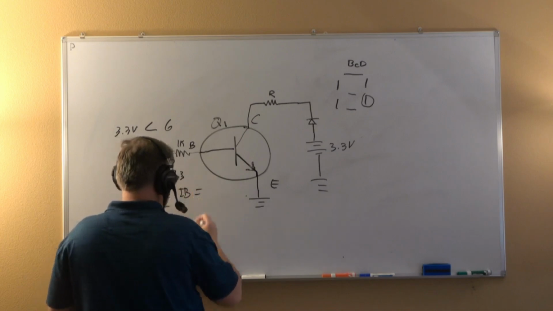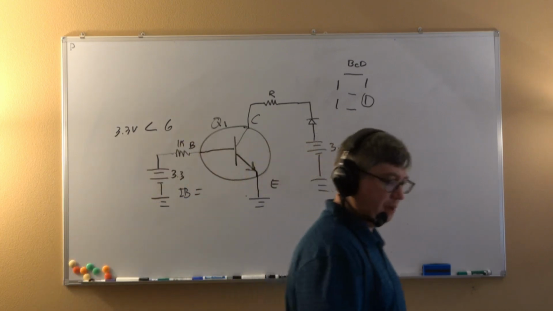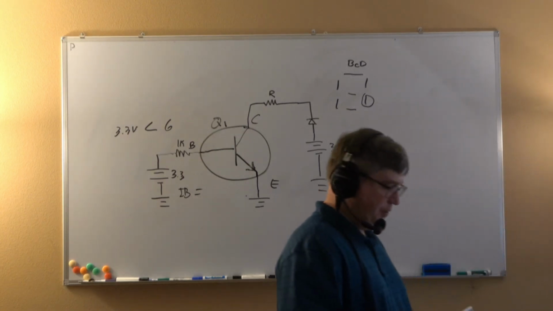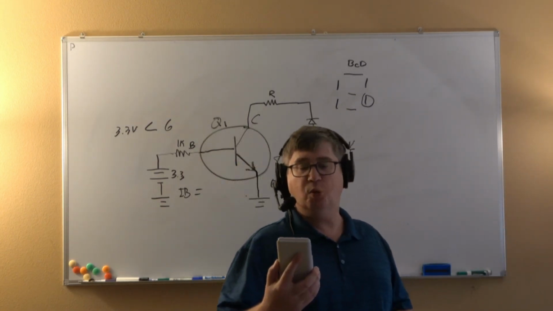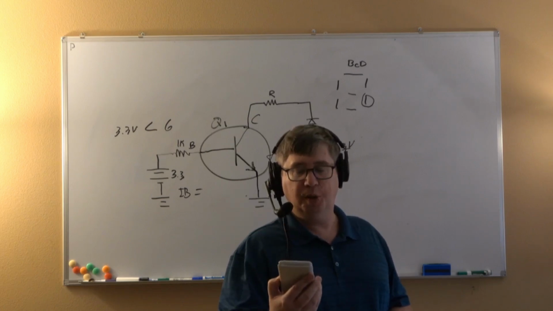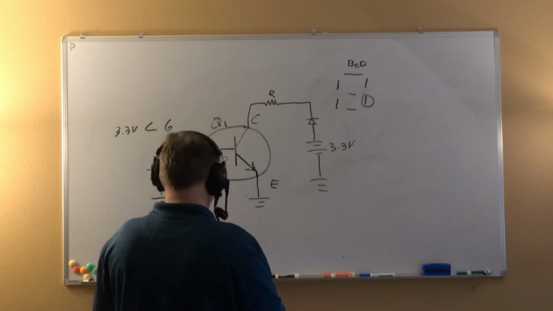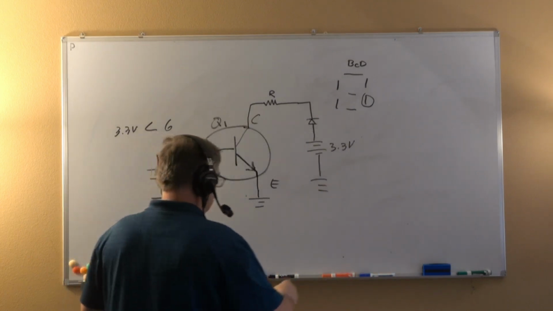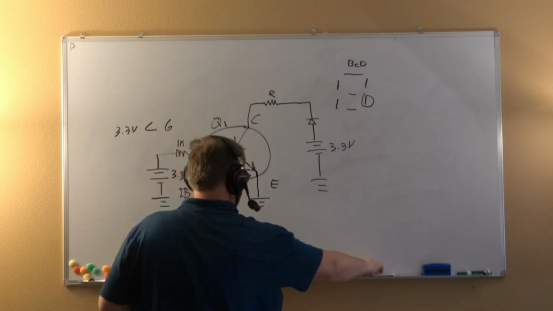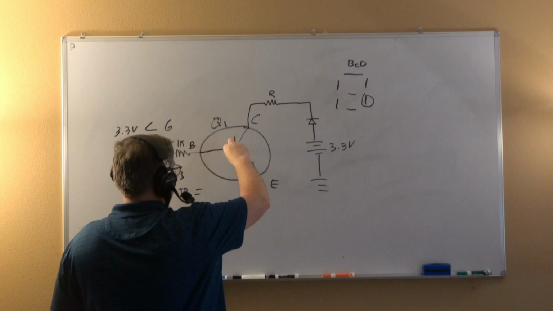So IB equals, let me get my calculator right here. This is a Casio FX-115ES Plus. This is the best calculator in the world. I call this the R2D2. Okay, so the 3.3 is coming, and then there is the diode.